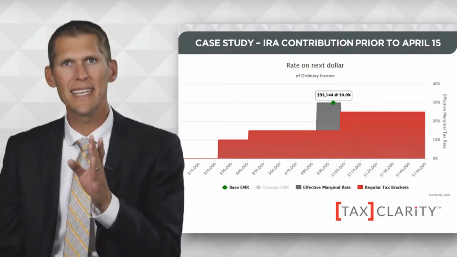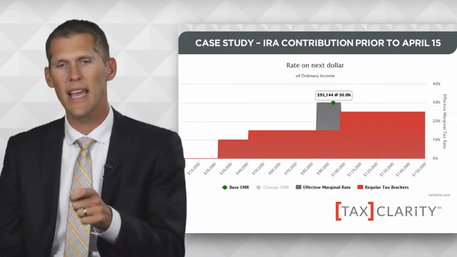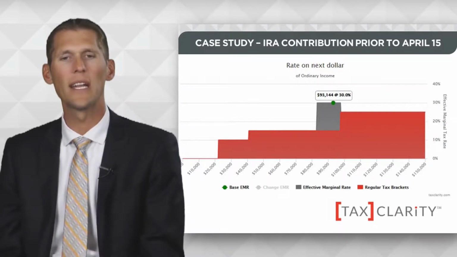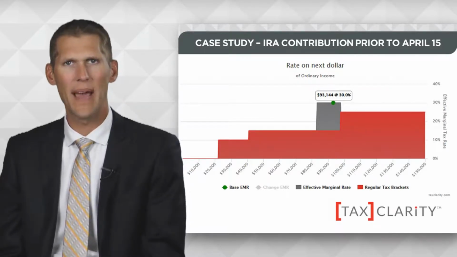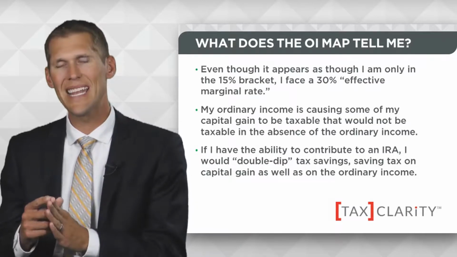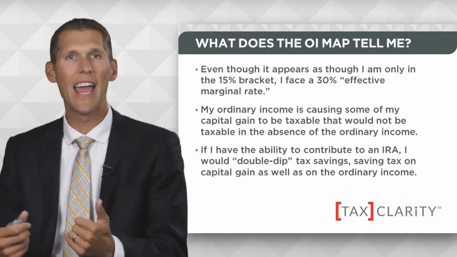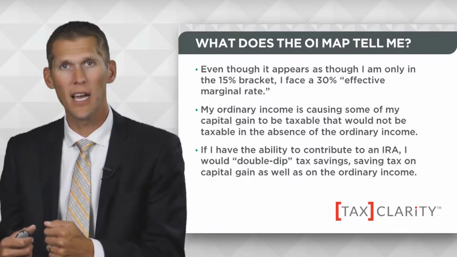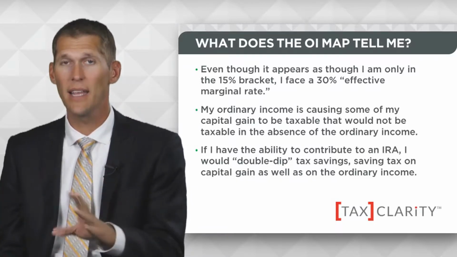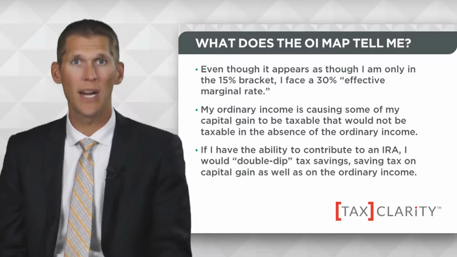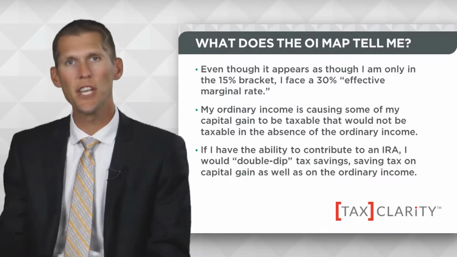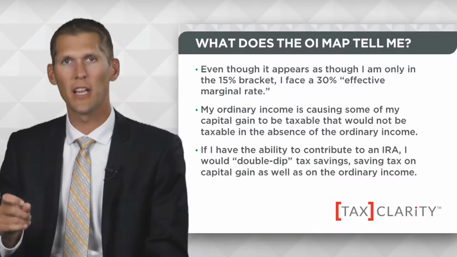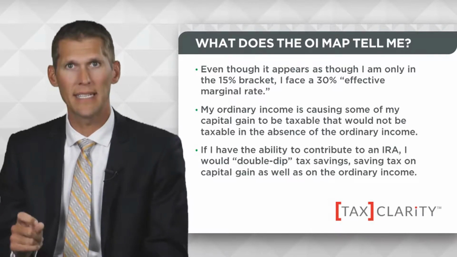So in this case, you see that 30% next to the total on the ordinary income tax map there. What that means is that each additional dollar of IRA withdrawal or each additional dollar of earned income, or on the flip side, each contribution to an IRA, is going to have a 30% impact on the client, not just the 15% impact.